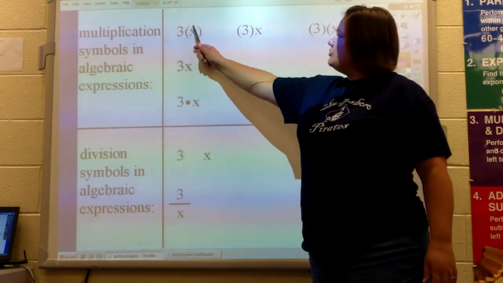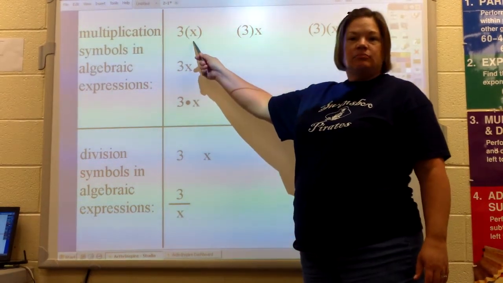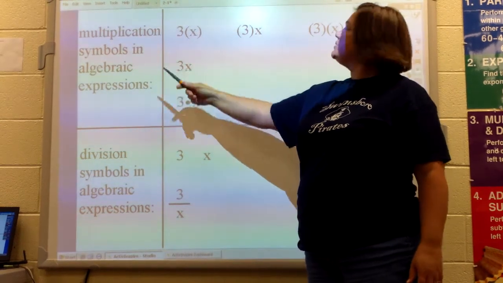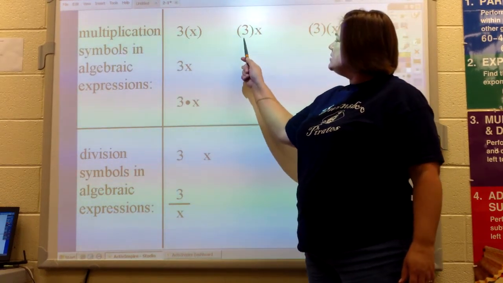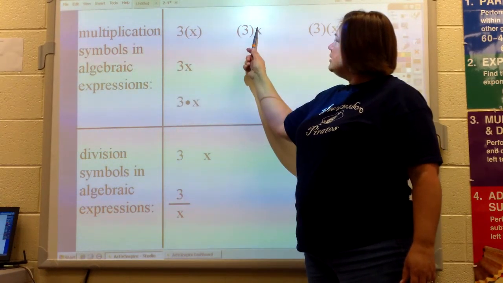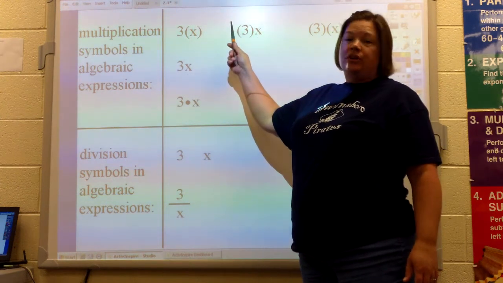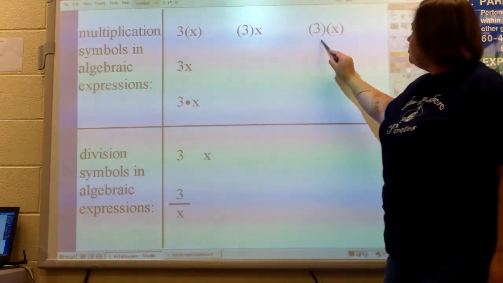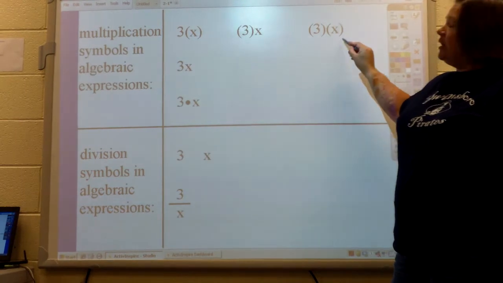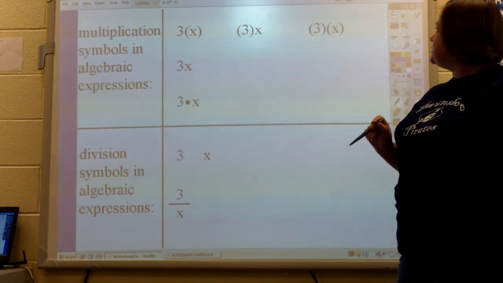You're going to see 3 parentheses x, or any variable, not just x. You might see the parentheses next to the letter or the variable, and you may see parentheses around both of the pieces.